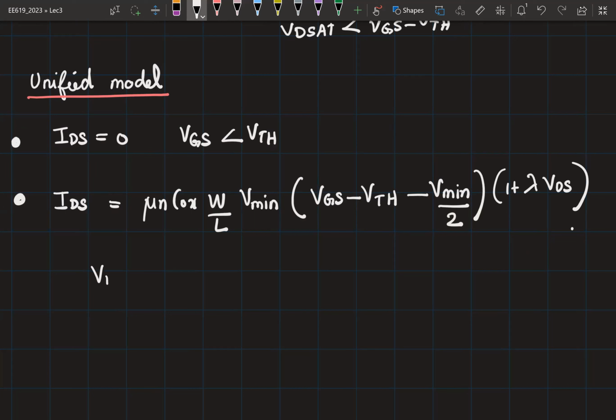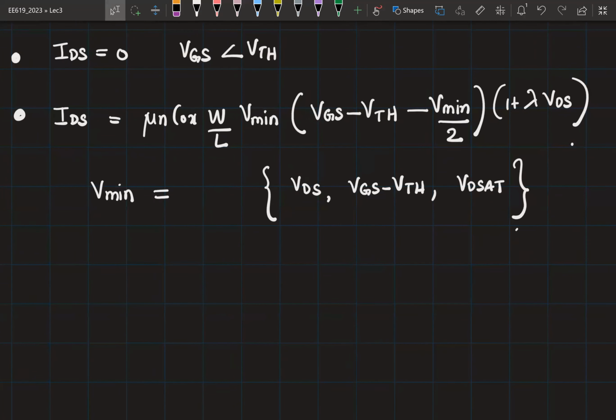Now I need to define what my V min is. I know that V min has to be one of the three values. It should either be VDS, VGS minus VTH, or VDSat. How should I choose the value? Should be minimum.